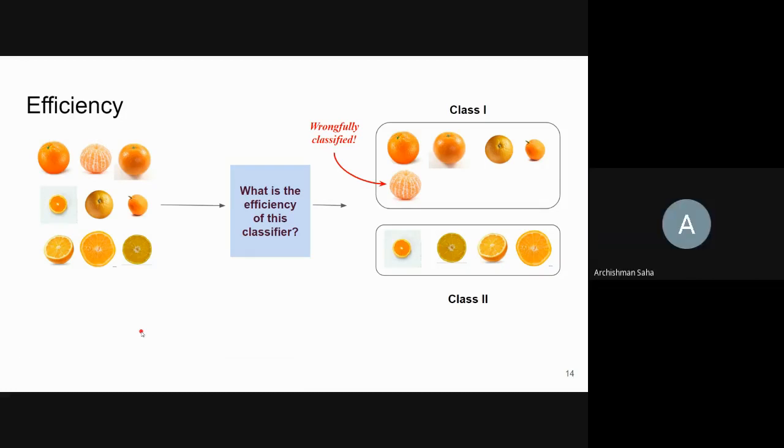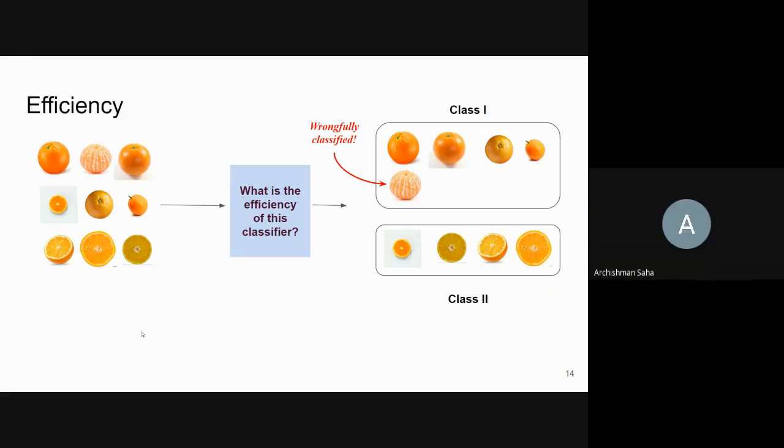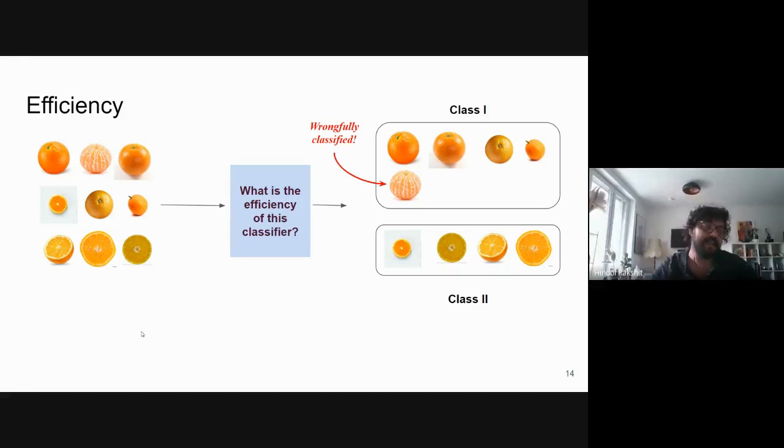But shouldn't the efficiency be dependent on a certain testing set? Once we train it, we can use a testing set based on which we can find the efficiency. I'm talking about one step before, when you just have a data set, you have no idea what the input should be, and you have to create the training set for yourself. Okay, I see what you're saying.